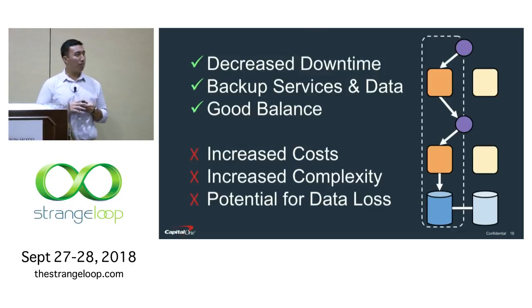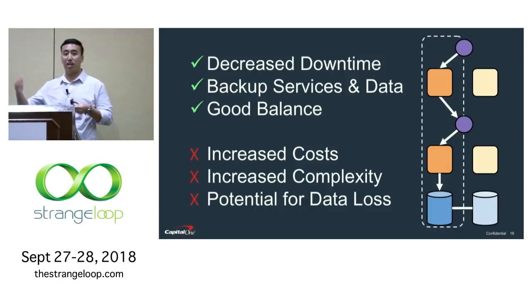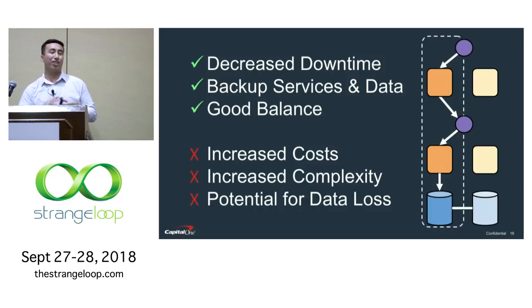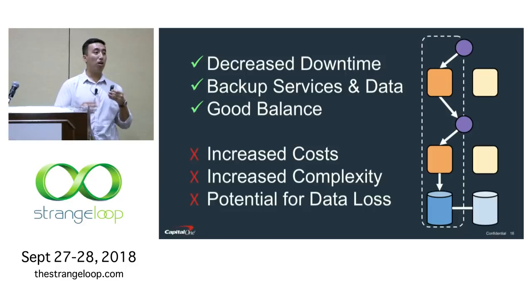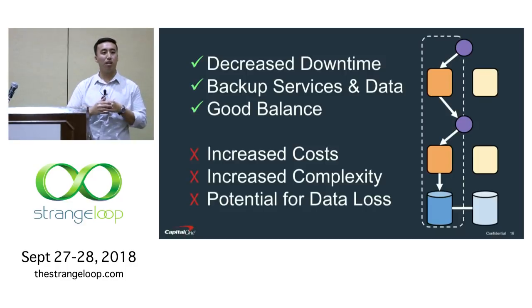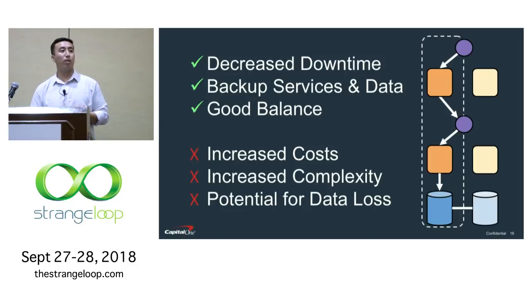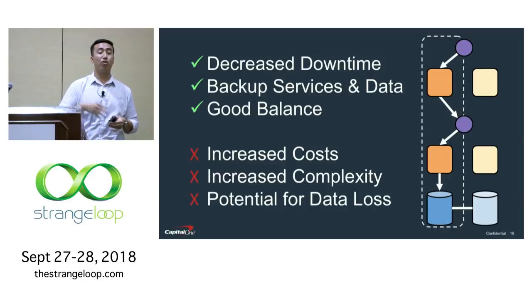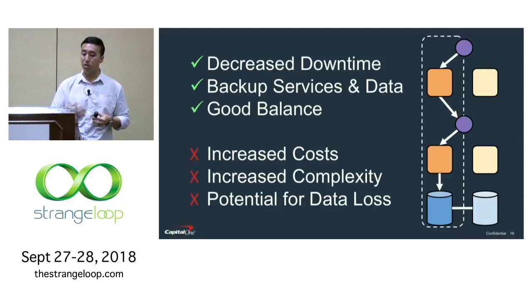So what is it good for? We are heavily decreasing downstream dependency, decreasing downtimes. And we also have a set of backup services. So this is at this level where we have backups for our data, and we also have backups for our services. So we're increasing availability and increasing durability.